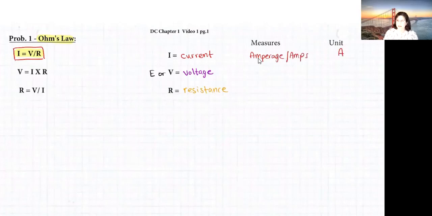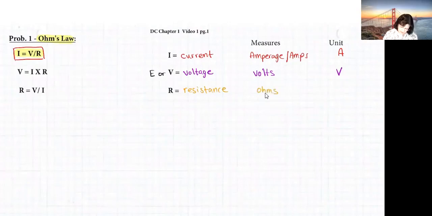The unit is like when we're doing time, it could be seconds or little s. That's what the unit is. And then for voltage, we measure volts. And the unit is a V. Resistance measures ohms.